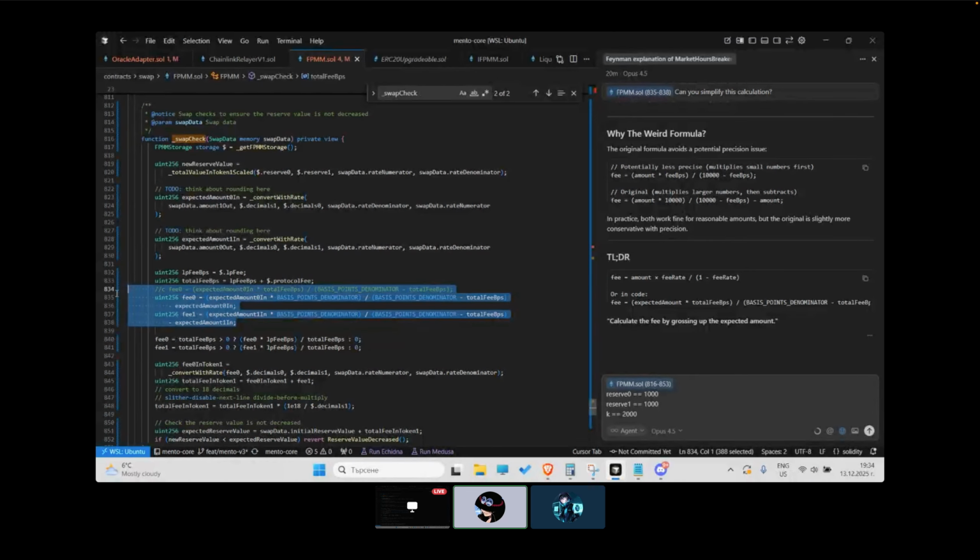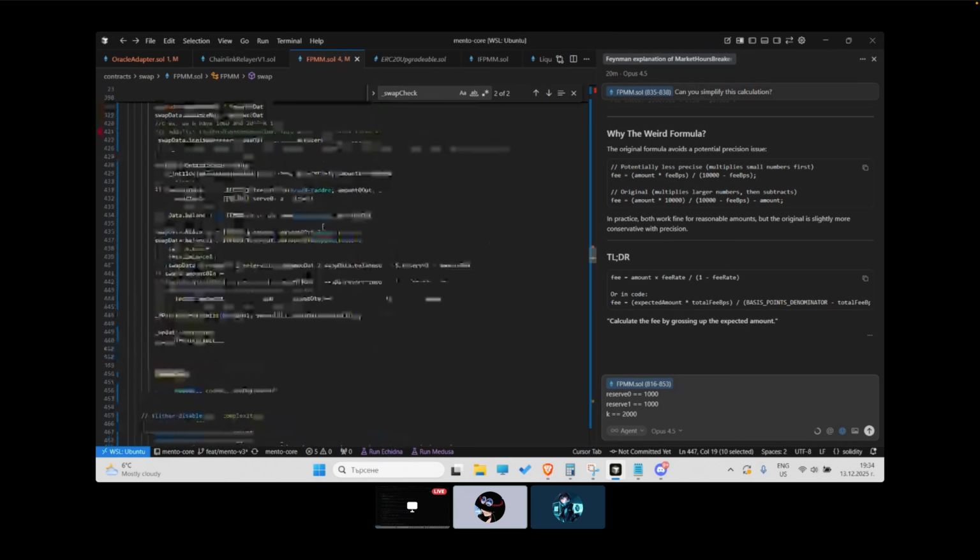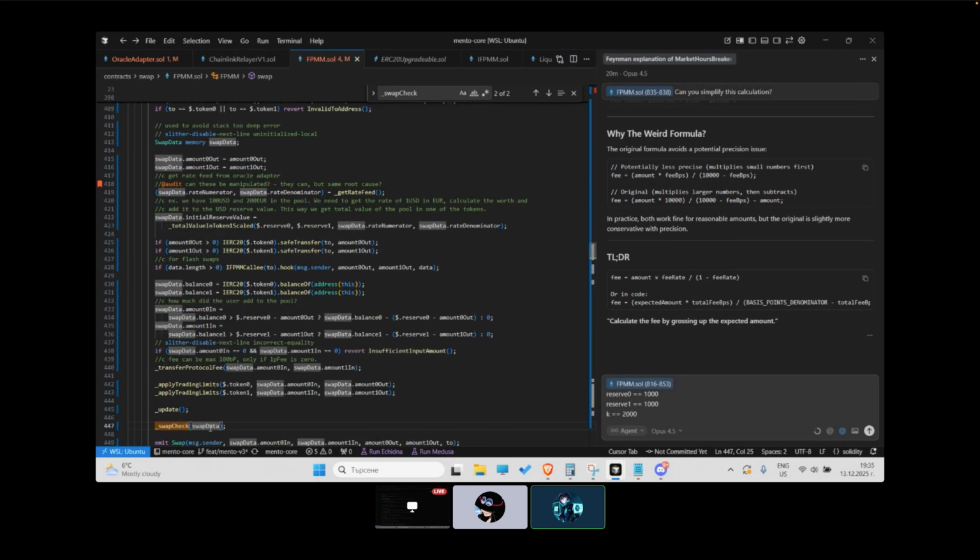Yes, if these are correct. Wait, my mouse died again. Why did we go back to the swap function? Because I wanted to plug some numbers to see. It's easier to check.